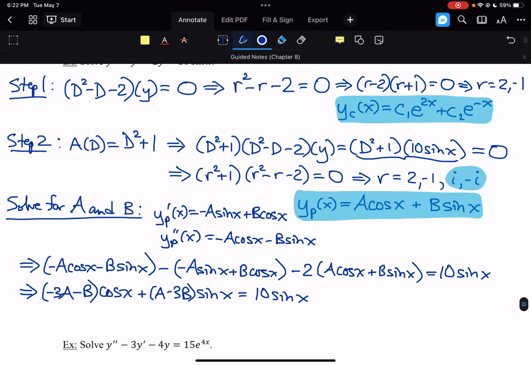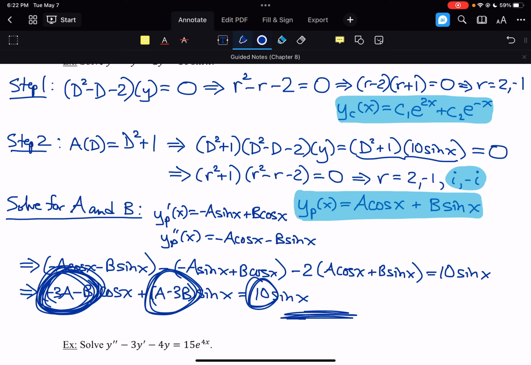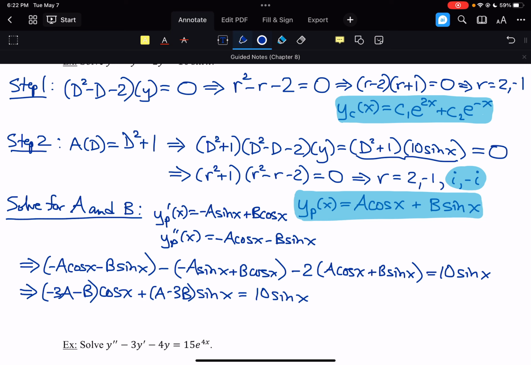Now, because we have two variables, we're not just going to have one equation, we're going to have a system. So we're going to have two here. We know that whatever the coefficient is on sine has to be equal to 10. And with the cosine coefficient, there are no cosines on this side, which means that this has to become 0 in order for these sides to match perfectly. So this would give us two equations.